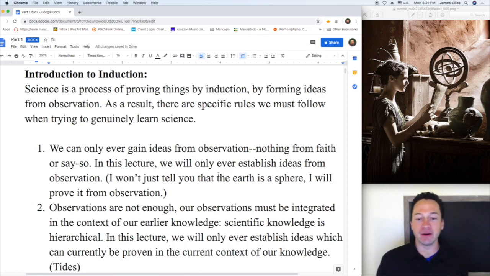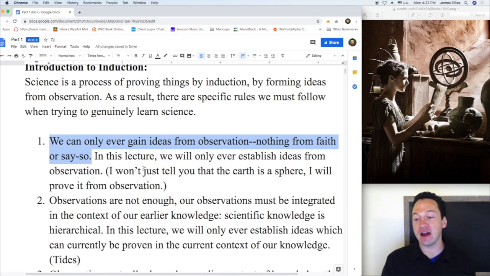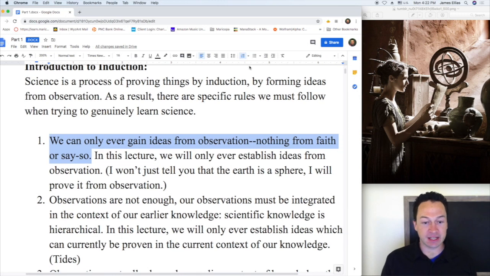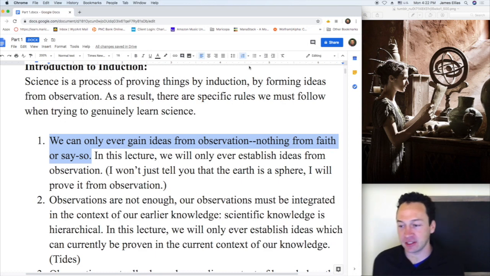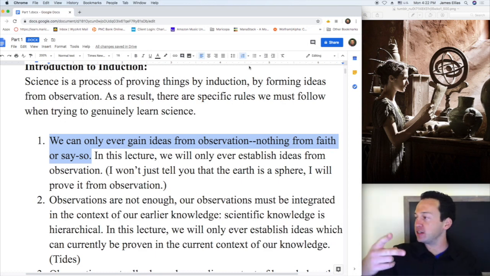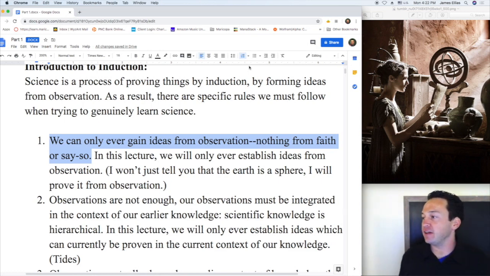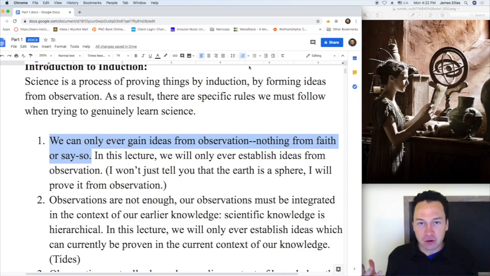So, principle number one, ideas can only be gained through observation, never by faith or say-so, which are basically the same thing. If I just tell you, first it's Mercury, then it's Venus, then it's Earth, then it's Mars, that's the order of the planets, I haven't really proven anything. I haven't given you the evidence to think that it's true.